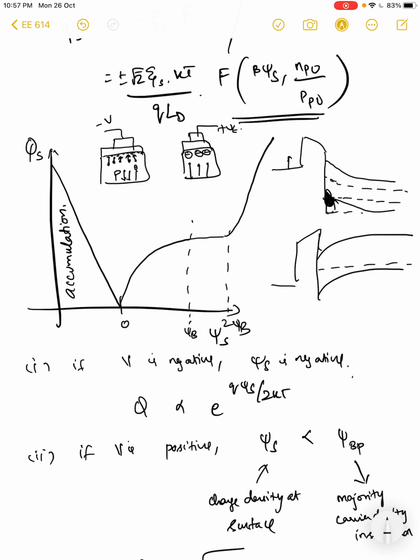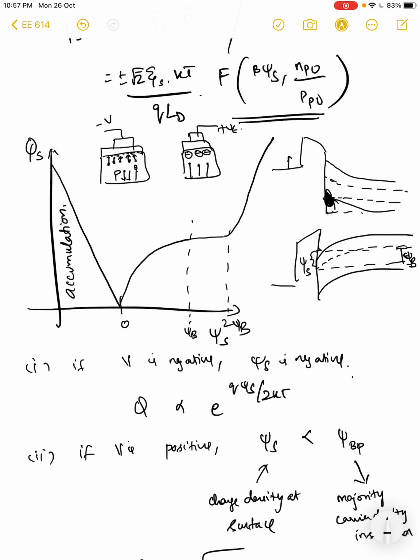Now you will start depleting the channel because it's a p-type semiconductor. Your conduction band is still not very close, so you will have to actually move. This is psi b, and this is psi s, remember.